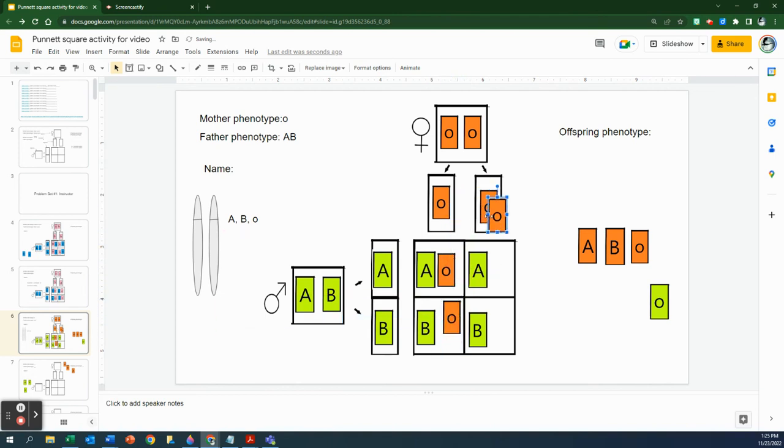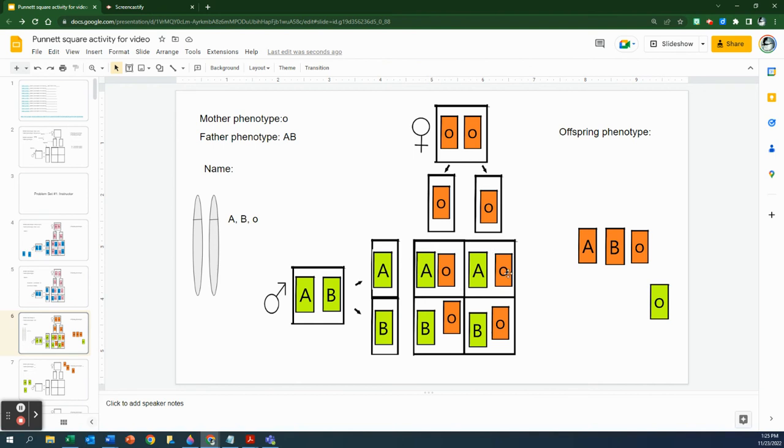So a mother that has blood type O and a father that has blood type AB are going to have children that all have what blood types? So you have AO here, AO, BO, and BO. Those are the parents' children's possible genotypes.